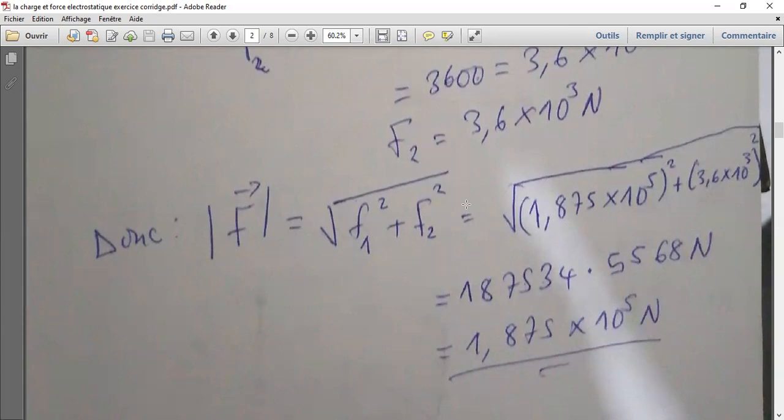Basically, most of the time you can never find the force in negative form.